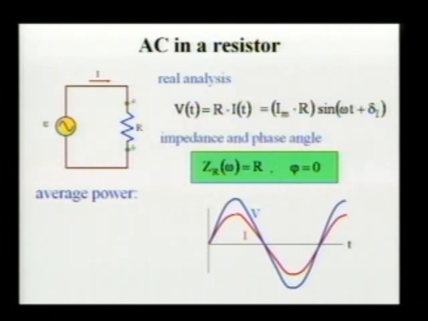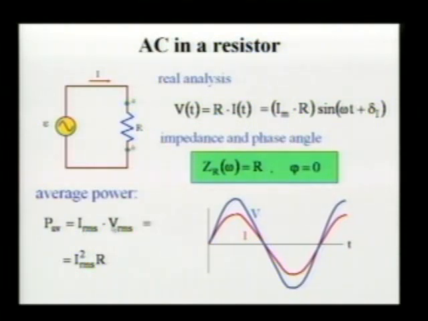Now how to find average power? It was expressed in terms of root mean square values. It was root mean square value of the voltage times root mean square value of the current times cosine of the phase angle. And cosine of 0 is how much? 1. So indeed it's a product of root mean square value of the voltage and root mean square value of the current.